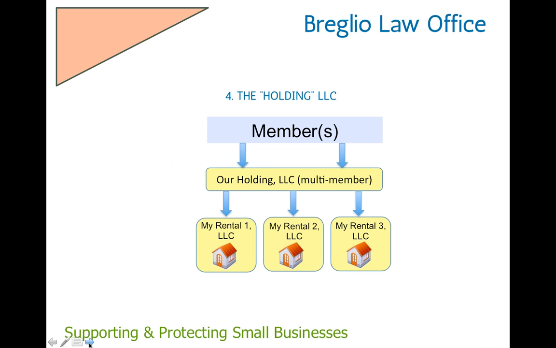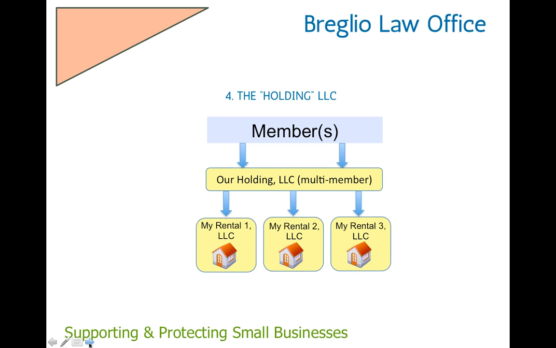We create a holding company, which is multi-member. We'll have husband, wife, maybe their family trust, maybe a corporation, maybe a family limited partnership or something else in there. So we have a true multi-member LLC that gets that charging order protection. And then that LLC owns 100% of each of the rental 1, 2, and 3 LLCs.